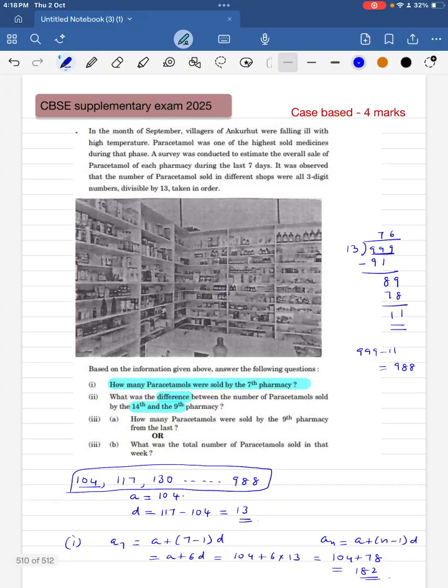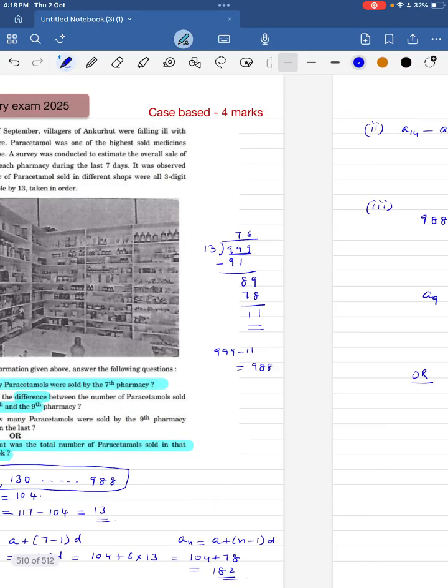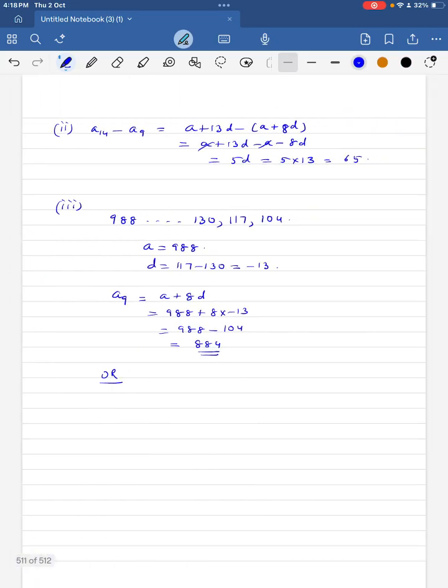Now in the OR part, they are asking you to find out the total number of paracetamols sold in that week. Which means we have to find the sum of n terms. We need to first know how many terms there are in the AP, so let's use the original AP: 104, 117, 130 and so on, up to 988.